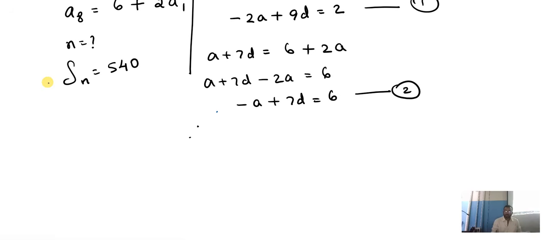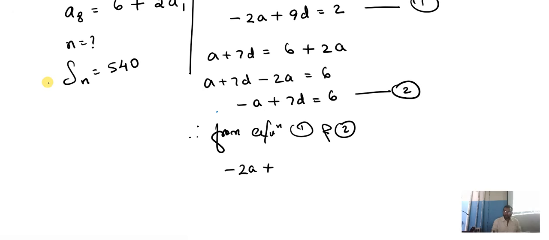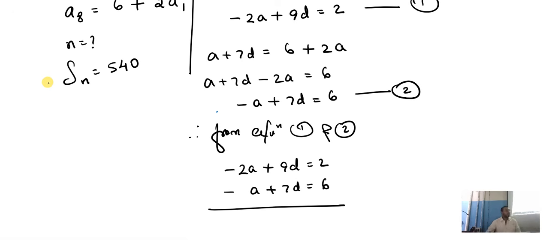Therefore, from equations 1 and 2, minus 2A plus 9D is equal to 2, minus A plus 7D is equal to 6. In elimination, as we know, both the terms should be the same and one should be positive, the other negative, then only we can cancel them.